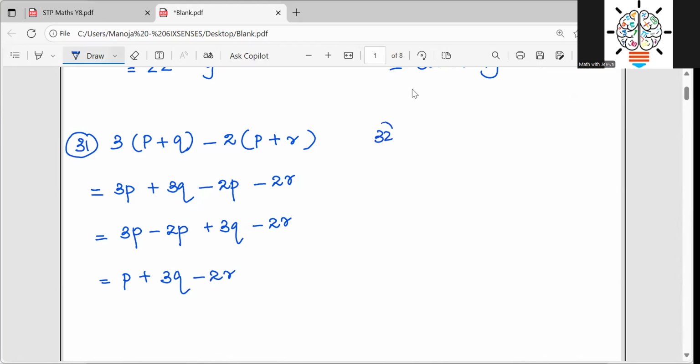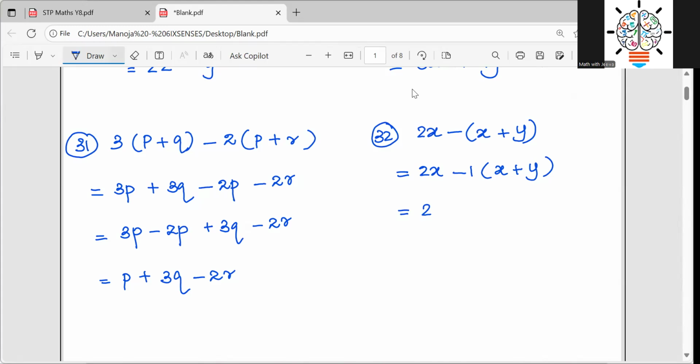Then question number 32, 2x minus x plus y. Children, here you want to rewrite and do an additional step. What is it? You should write 2x minus 1 times x plus y, right?